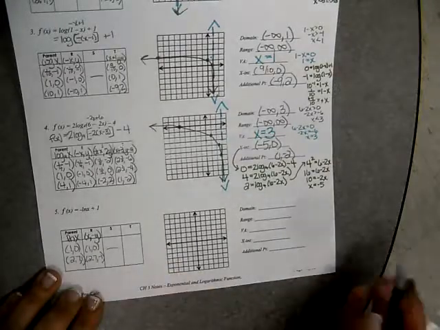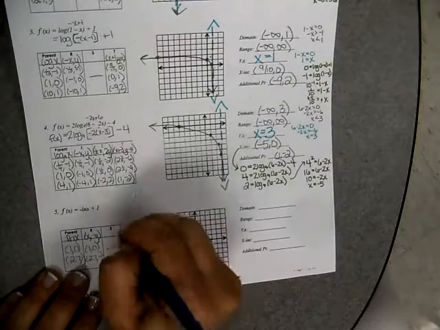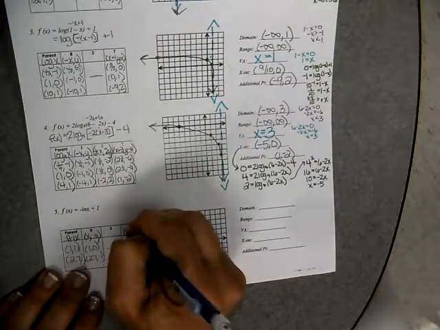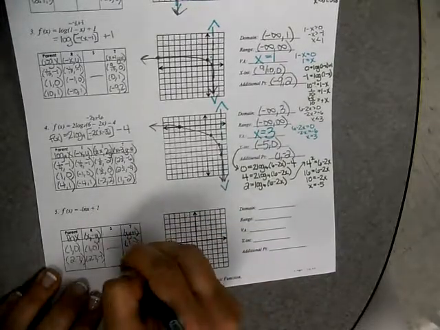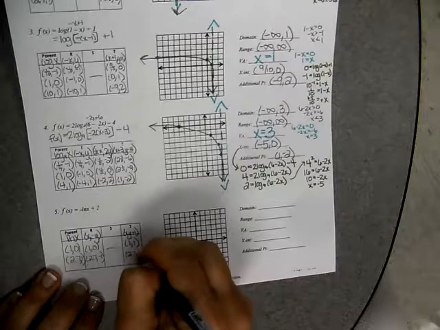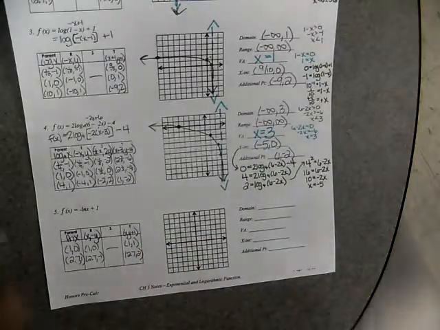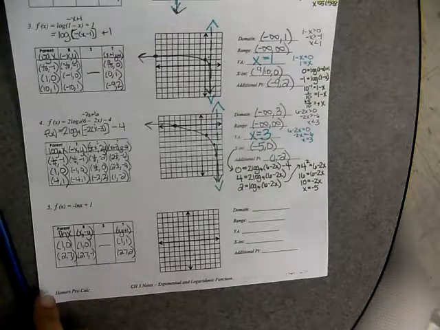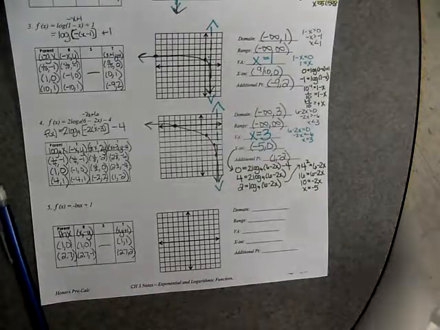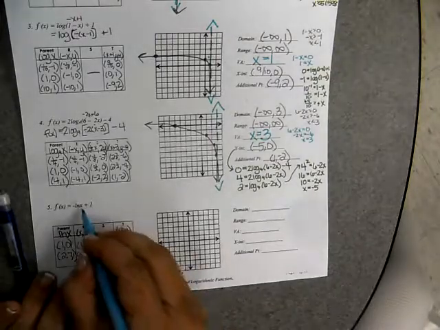No stretch or shrink. And then this little plus 1 here just tells me I want to move my y up 1. So I have 1, 1, and 2.72 as points. So I can find the vertical asymptote. We were doing that. And you set the argument equal to 0. Well, look, the argument is just x here.